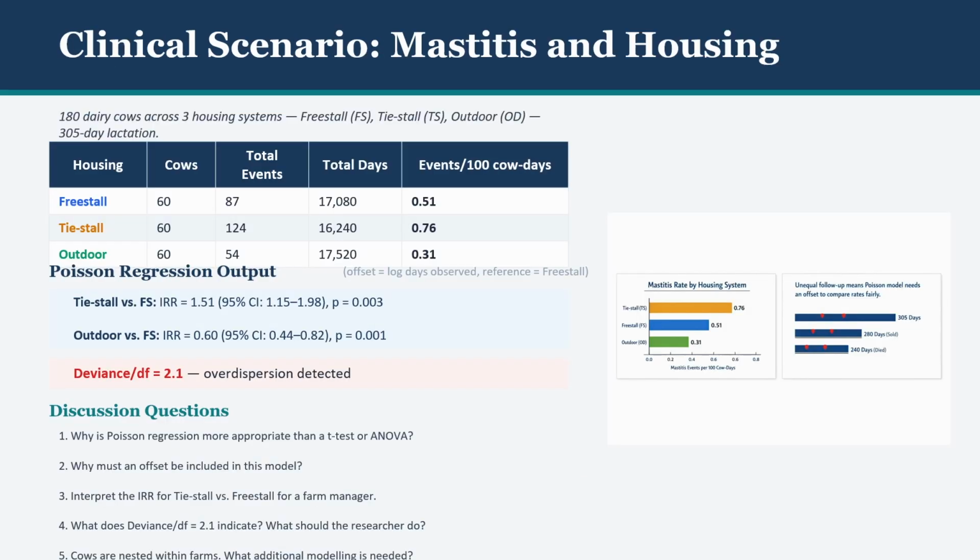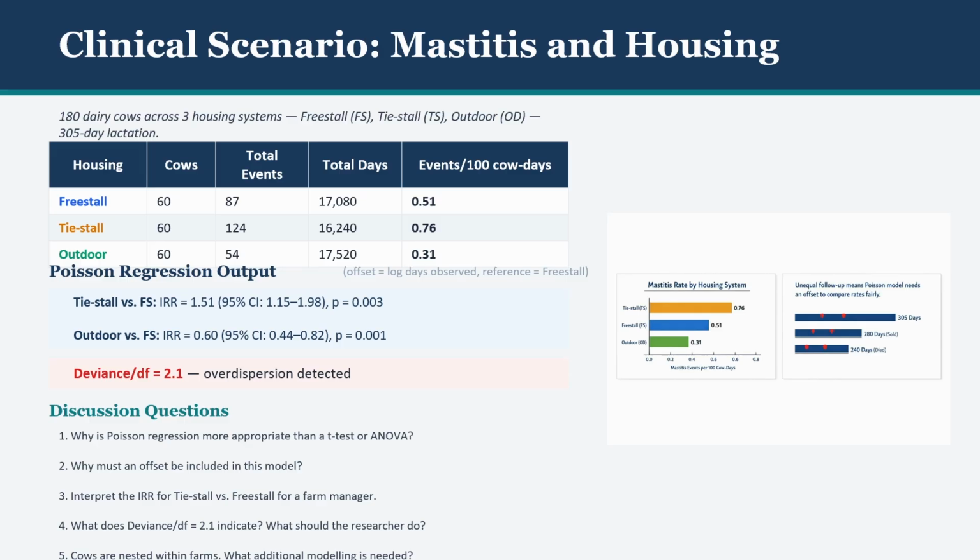This scenario applies every key concept from Talk E. Question 1. Why Poisson, not t-test or ANOVA? The outcome is a count of clinical mastitis events, not normally distributed, not binary, cannot go below 0, and right skewed with many cows having 0 events and a few having several.